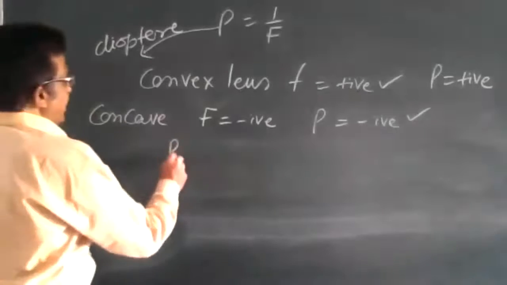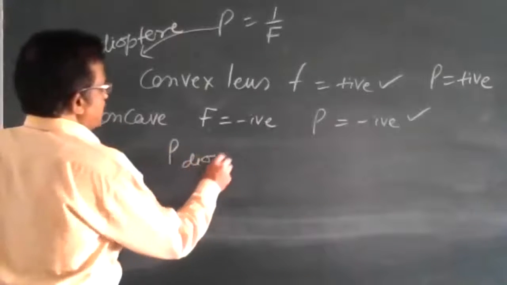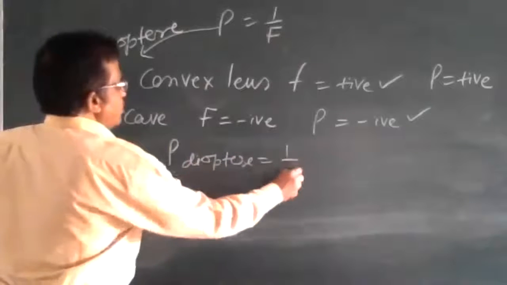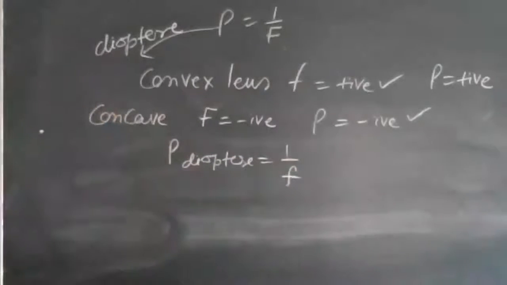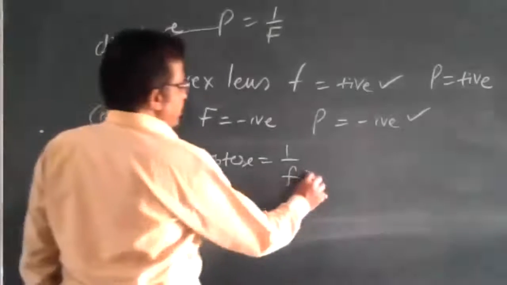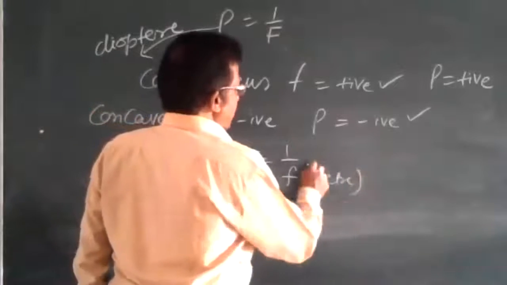So P in diopter is equal to 1 by F, focal length in meter. So this is the formula here.